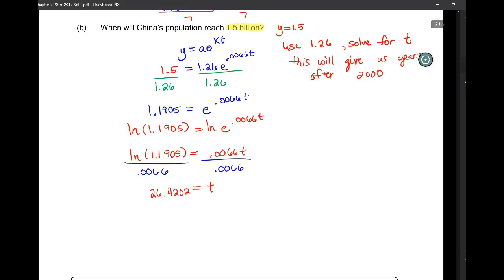26.4202? Okay, now it says when. So that means 2000 plus that amount. It starts out in the year 2000, and if we add that, 2026. You might want to check with her; she may have told us to round to whole numbers if it's for years.